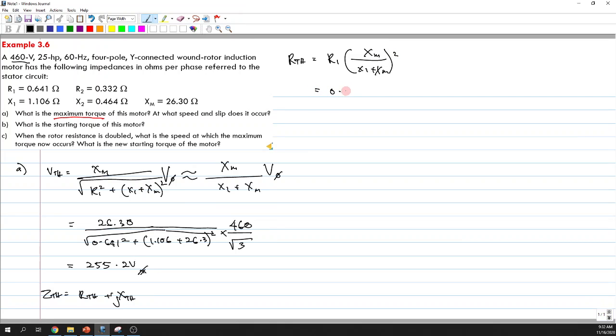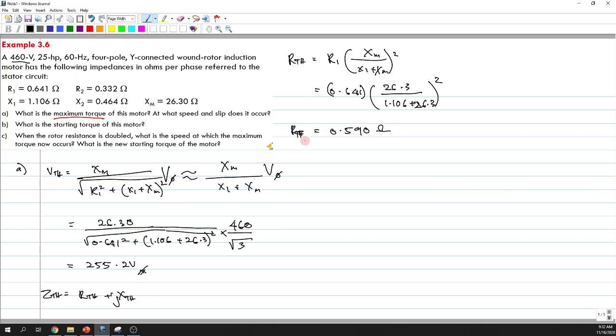So it is 0.641 times 26.3 divided by 1.106 plus 26.3, squared, and this is equal to 0.590 ohm. This is the RTH.